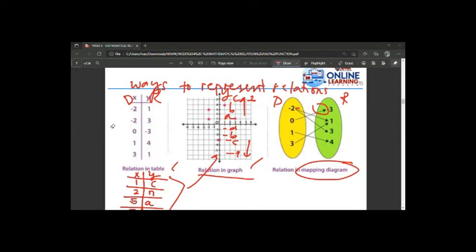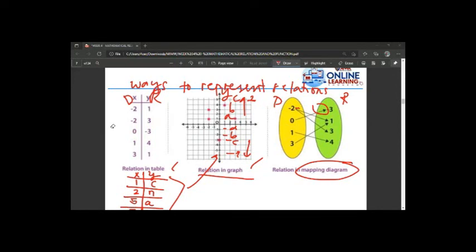Is this relation a function or not? Bakit? Bakit kaya hindi siya function? Both is repeated. Hindi po unique ang domain.